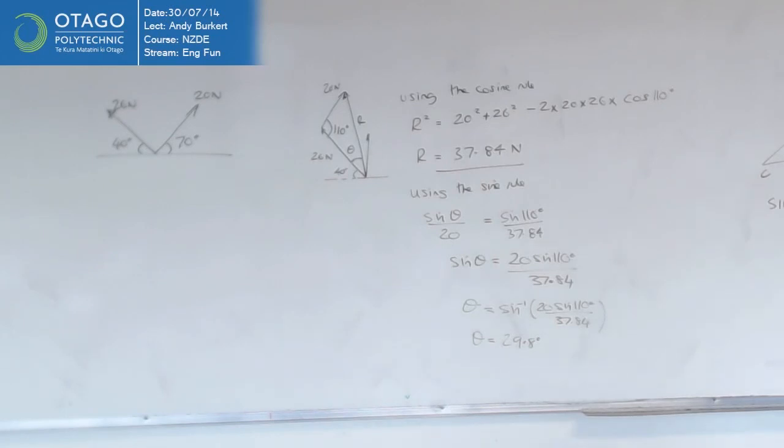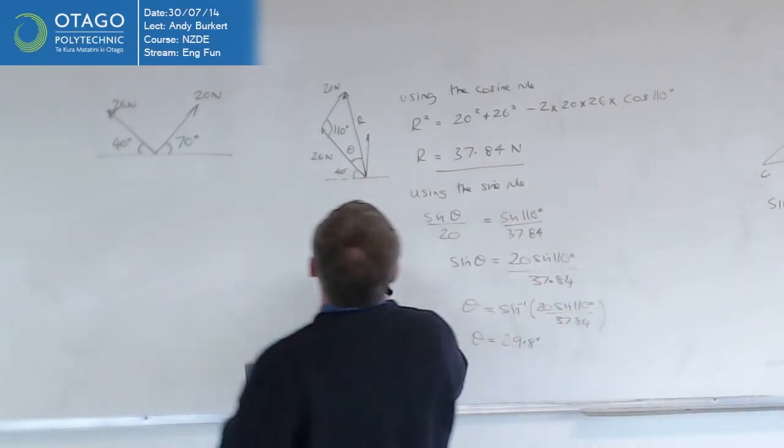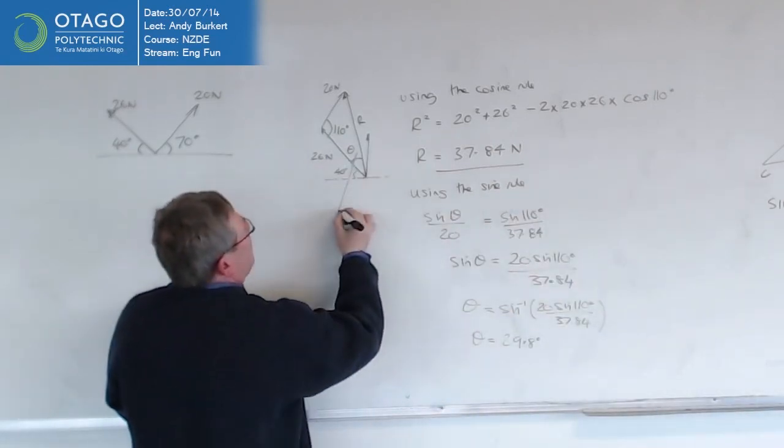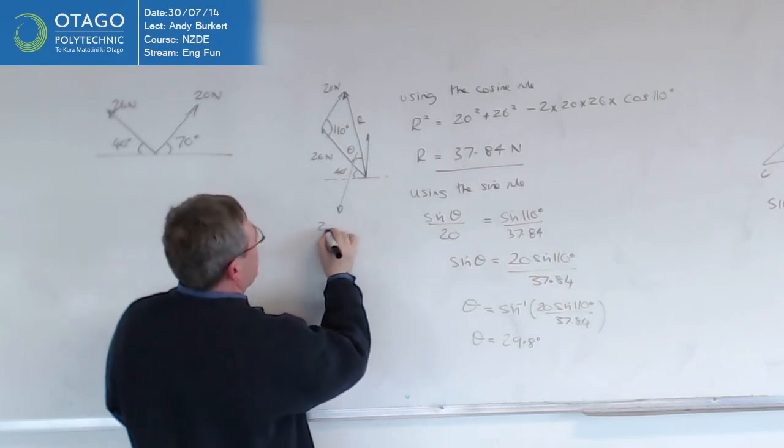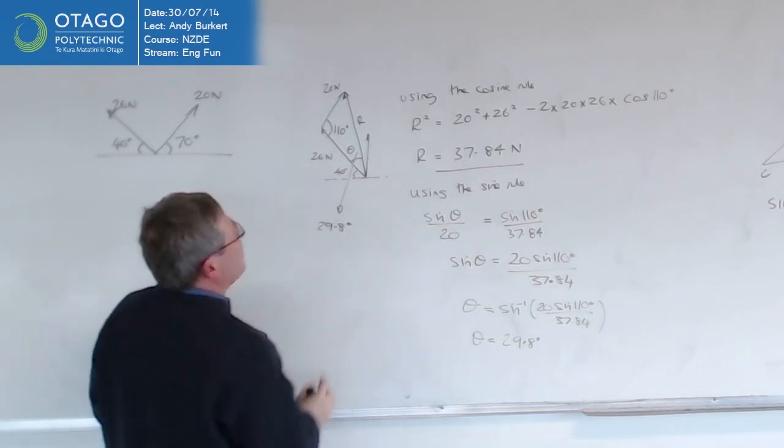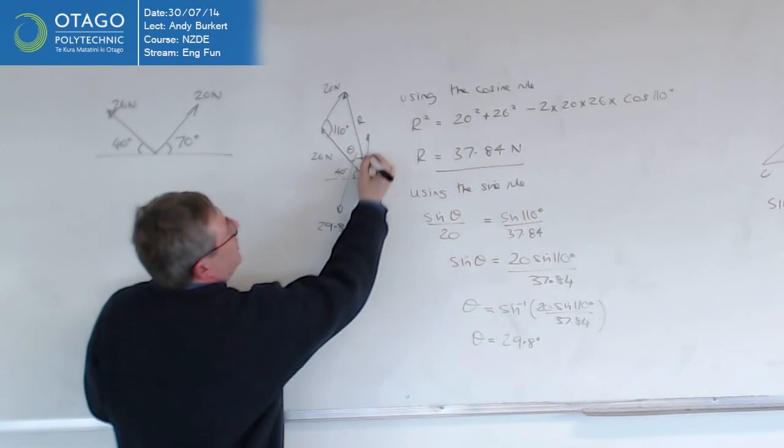So normally we define the direction as a certain angle to the right or to the left, or vertical, or above or below horizontal. So if I know that this angle in here is 29.8 degrees, what's this angle here?